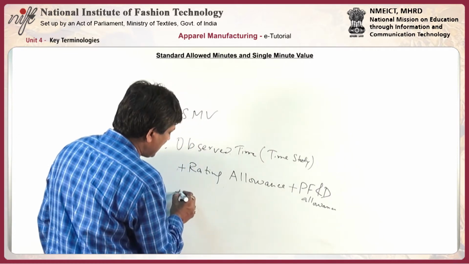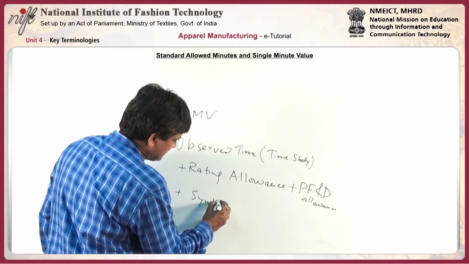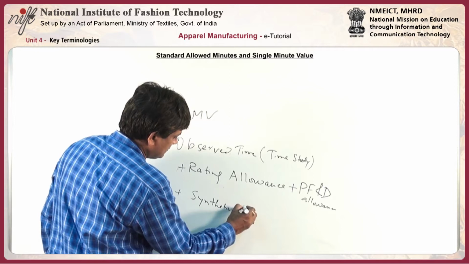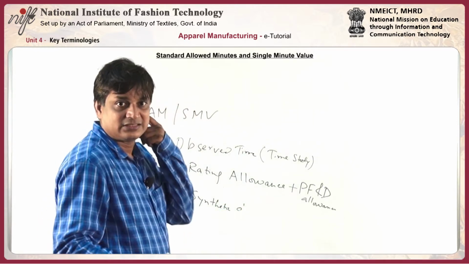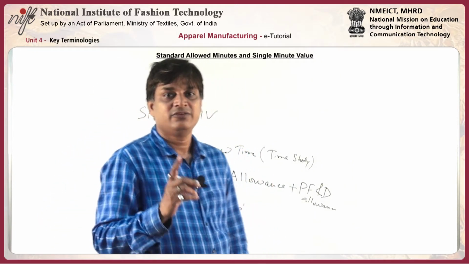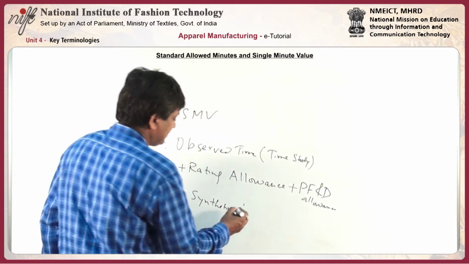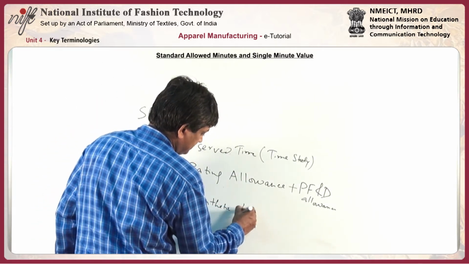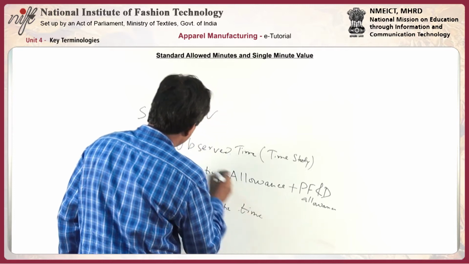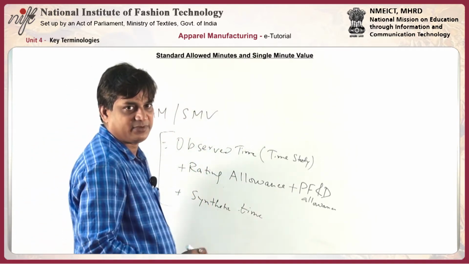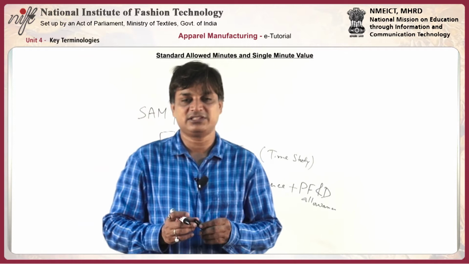We also add synthetic data, that is the synthetic time. This is the formula of SAM and SMV. This is the way SAM and SMV calculation happens.